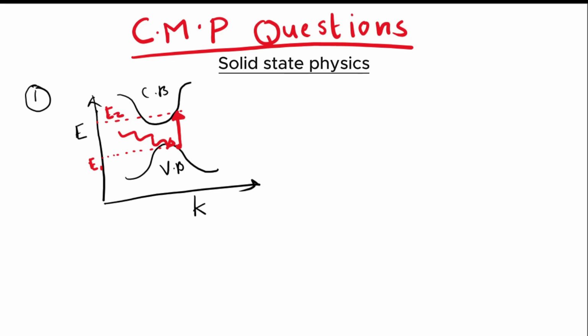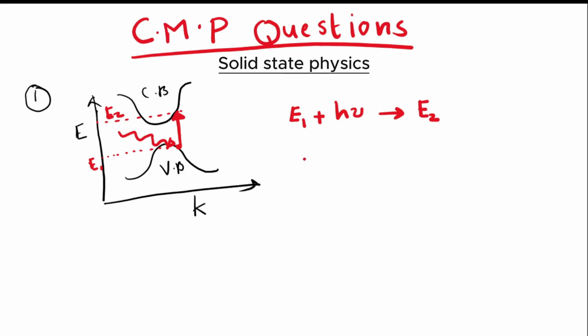You have to draw these things on the board, okay. Now, if the initial energy of the electron is E1 and h nu is the energy of the photon, it gives E2, the final energy. So energy conservation is okay, no issues.